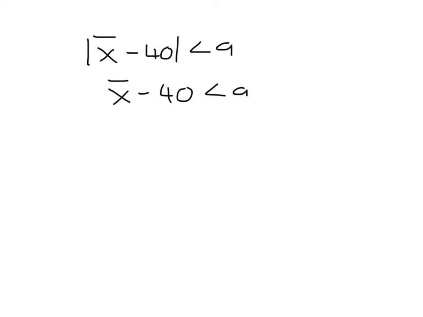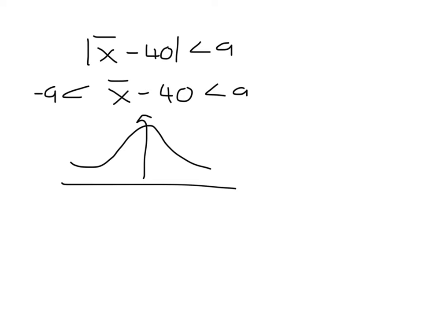Part 3 then, if we think about the modulus that x bar minus 40 is less than a, is x bar minus 40 is less than a and greater than minus a. So we are looking for a region here, and that has to be 70%.